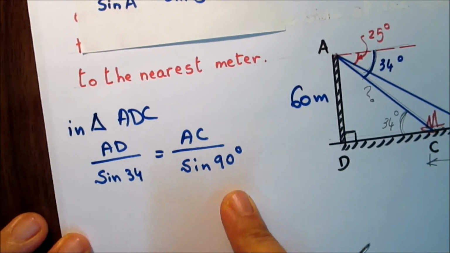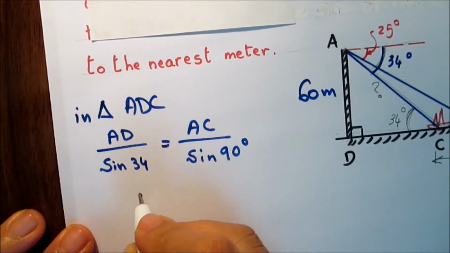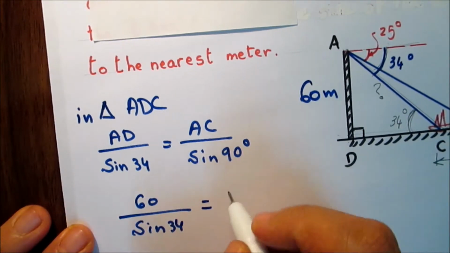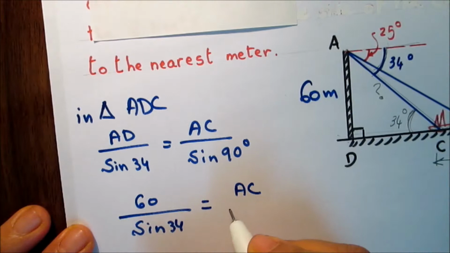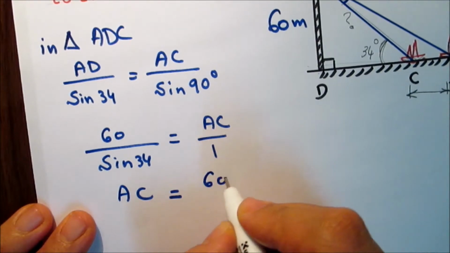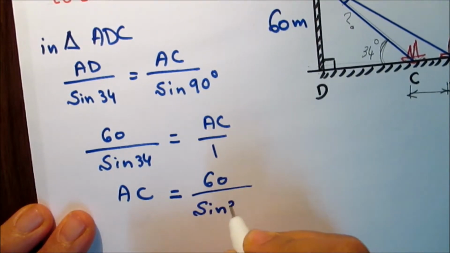Of course sine 90 is 1. AD is 60, so 60 over sine 34 equals the length of AC over 1. Cross product and find AC. So AC equals 60 over sine 34.